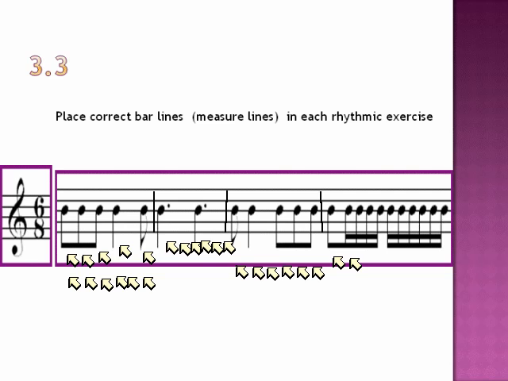So there's the eighth note, and then 2 16ths, that's 1 beat. 2 more 16ths, 1 beat. 2 more 16ths, 1 beat. 2 more 16ths, 1 beat. 2 more 16ths, 1 beat, for a total of 6 beats, and then the measure line would go right there at the end. So that's in 6/8 time, putting the correct bar lines.